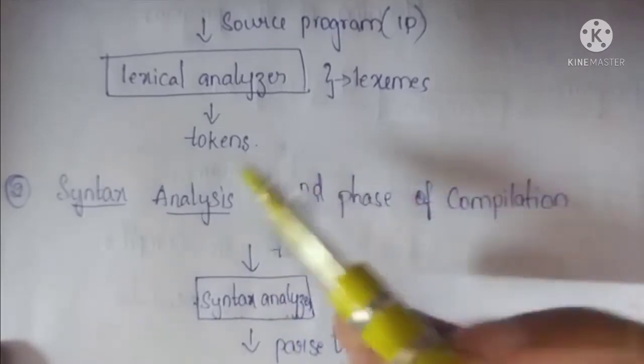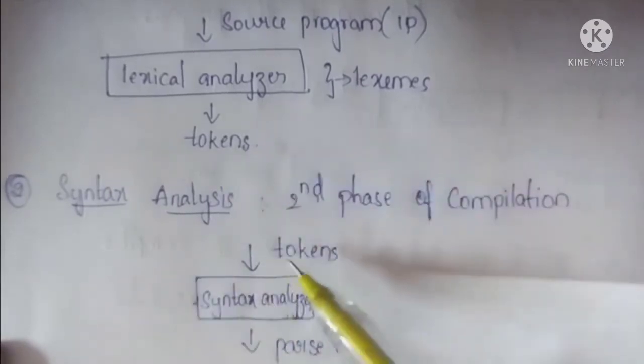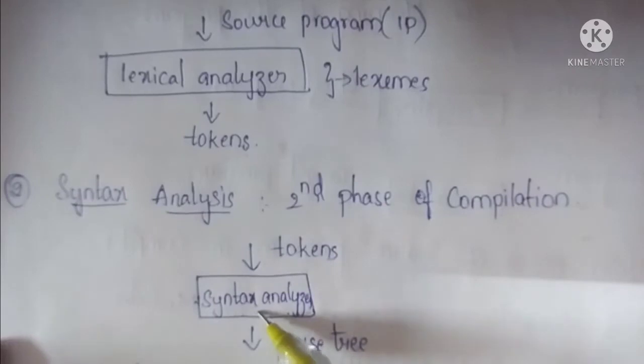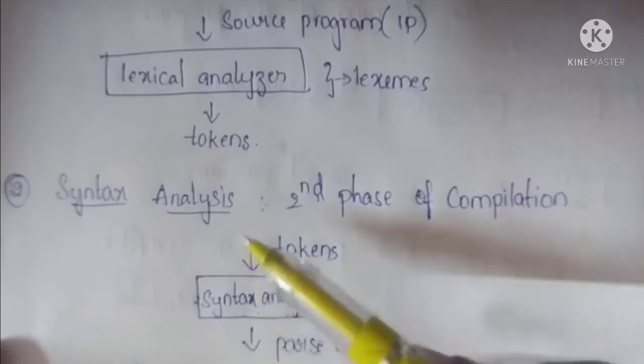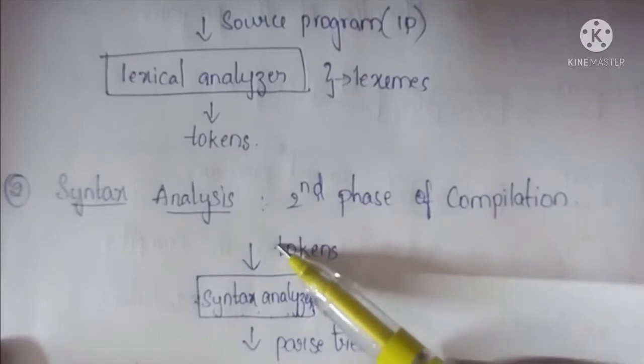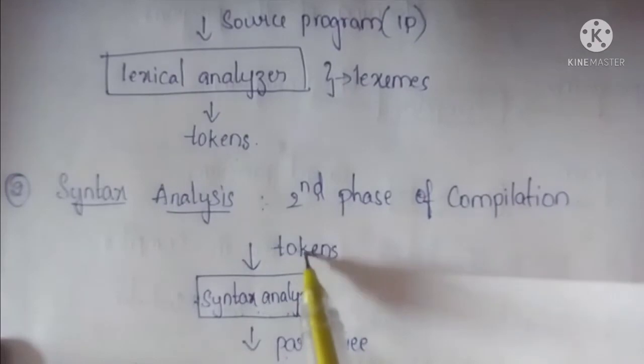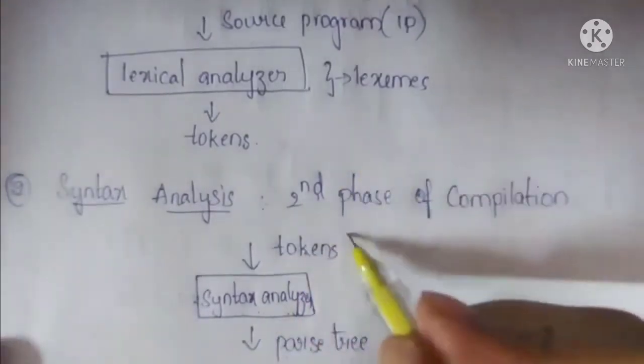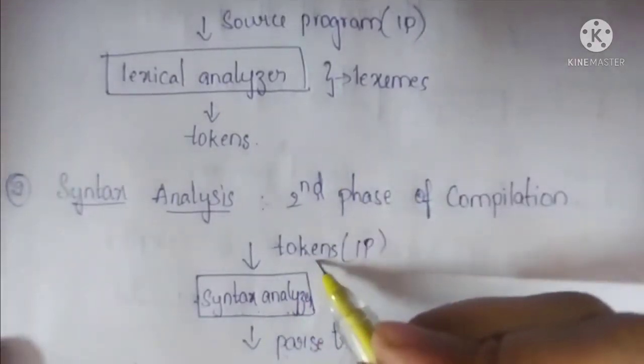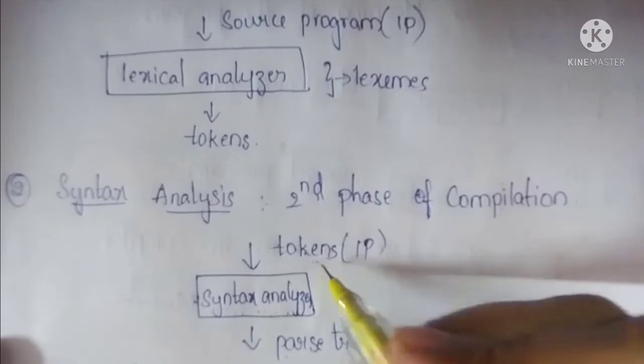Taking the tokens as an input, it will generate a parse tree as an output.